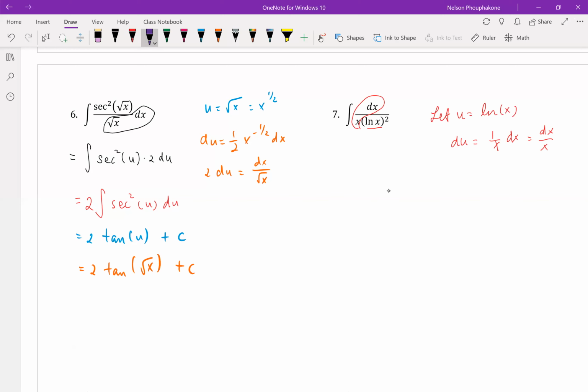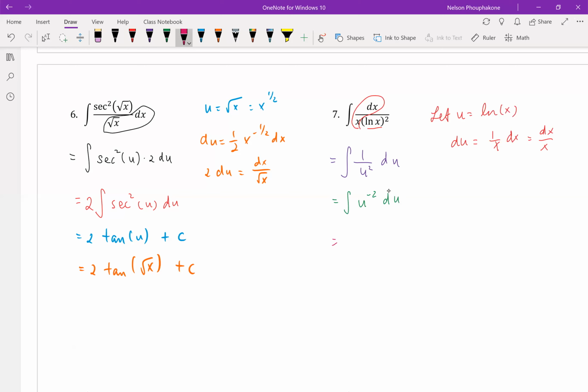So now I will have 1 over u squared and then du. Now remember, if you have 1 over u squared, then the best way to take care of this is to change it to u to the negative 2 du.